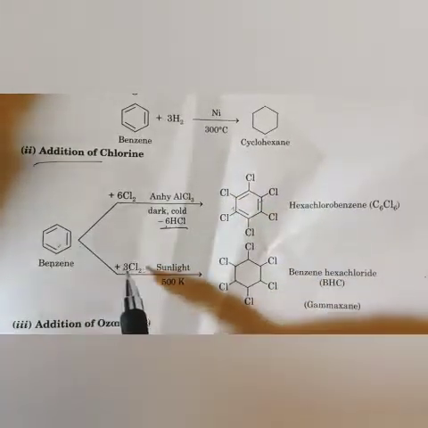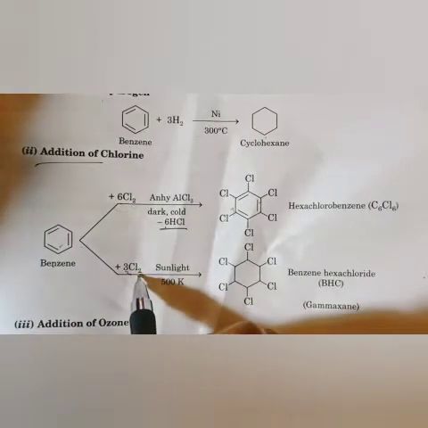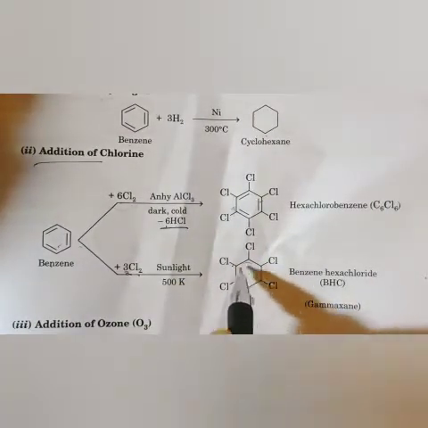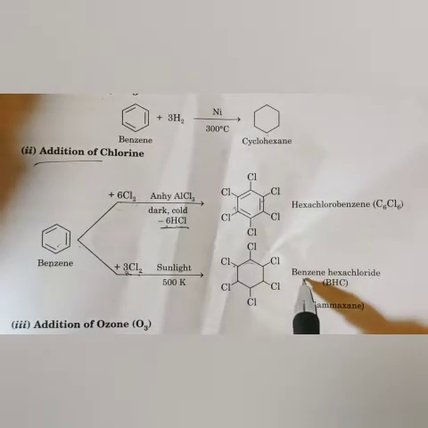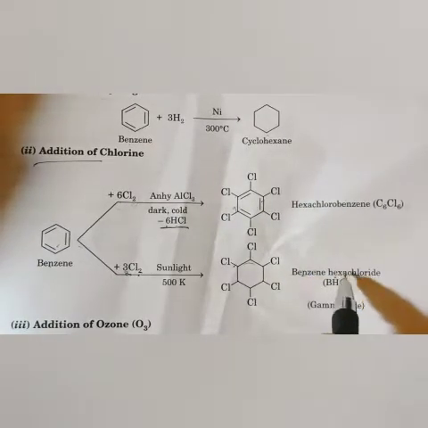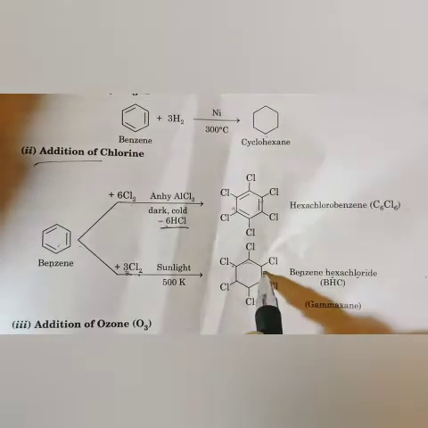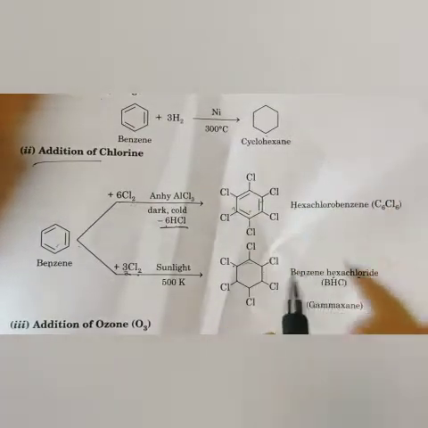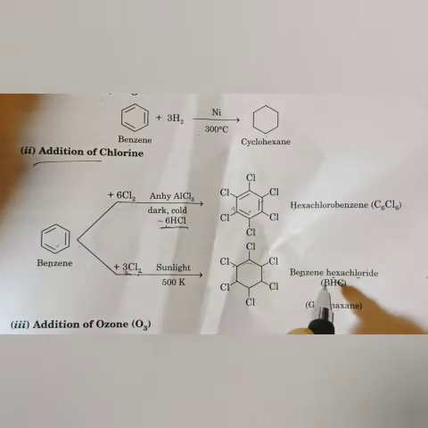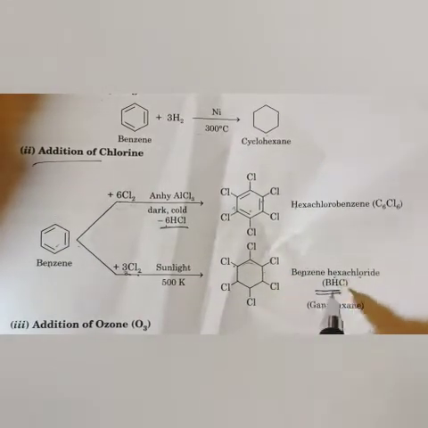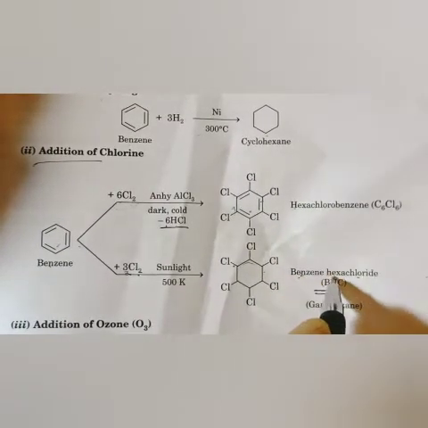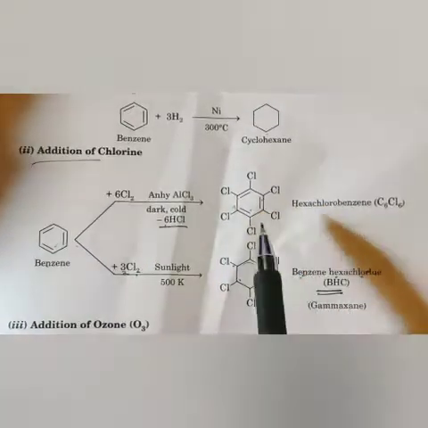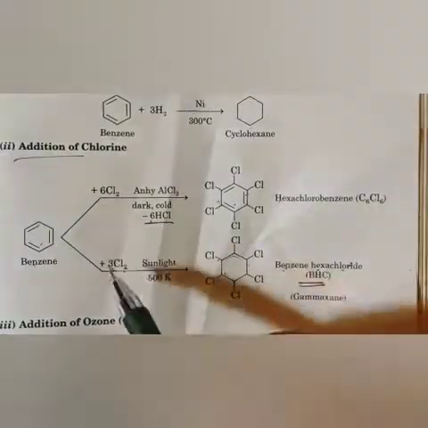Similar way, when 3 chlorine are there, 3 to 6 chlorine, 6 chlorine will attach, but that will remove all the double bonds, so it will change into benzene hexachloride. This is benzene hexachloride, this is hexachlorobenzene. This is the difference. The full form of BHC is benzene hexachloride, and this is the structure, and this is hexachlorobenzene. The difference is only in the number of chlorine.